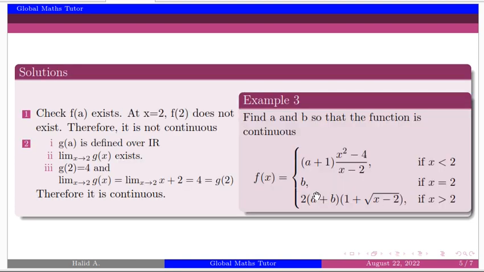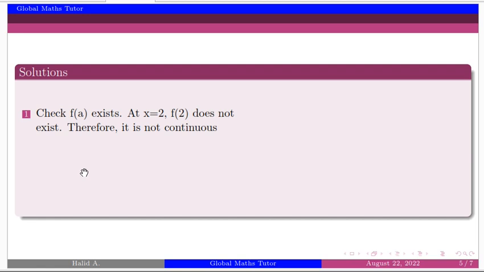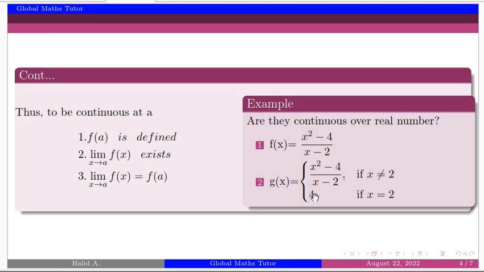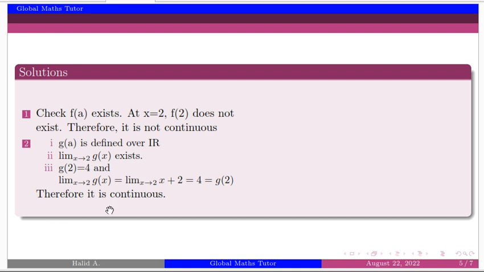So this limit exists, and the third thing we have to check is if this limit and g of a are equal. We know that g of 2 is 4, because for x equal to 2 it is 4.